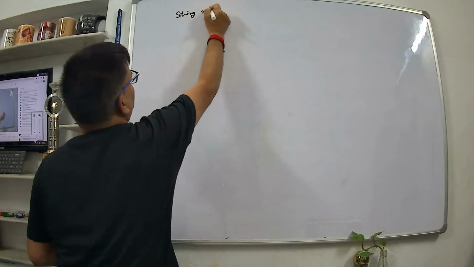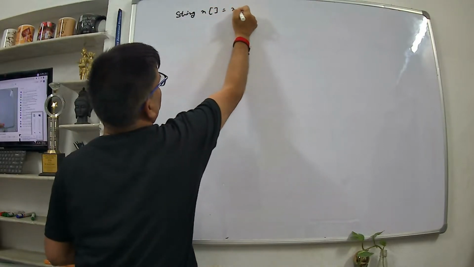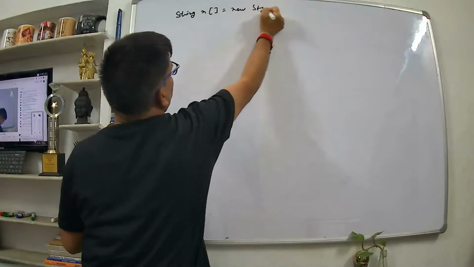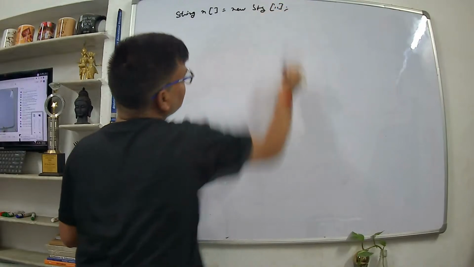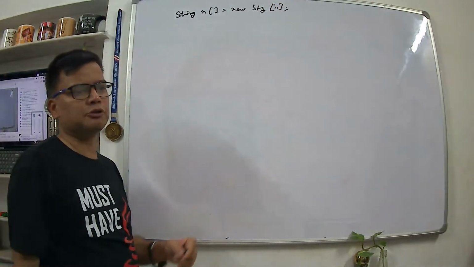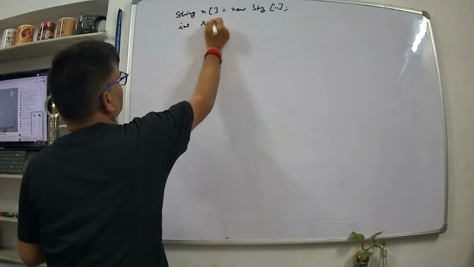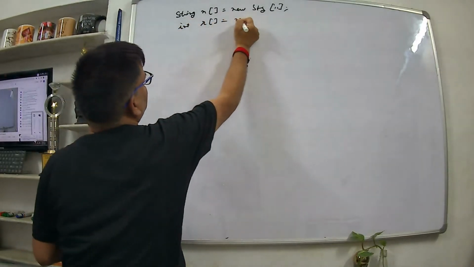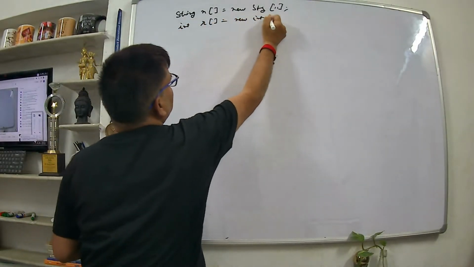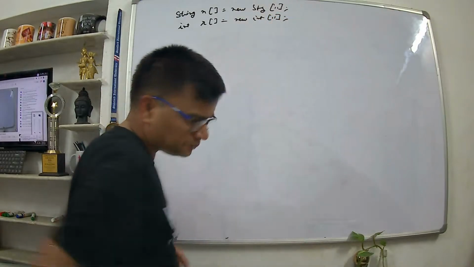So I'm taking one array, String n is equal to new String[11]. That will be storing the names of the 11 players. int r is equal to new int[11], that is for the runs.